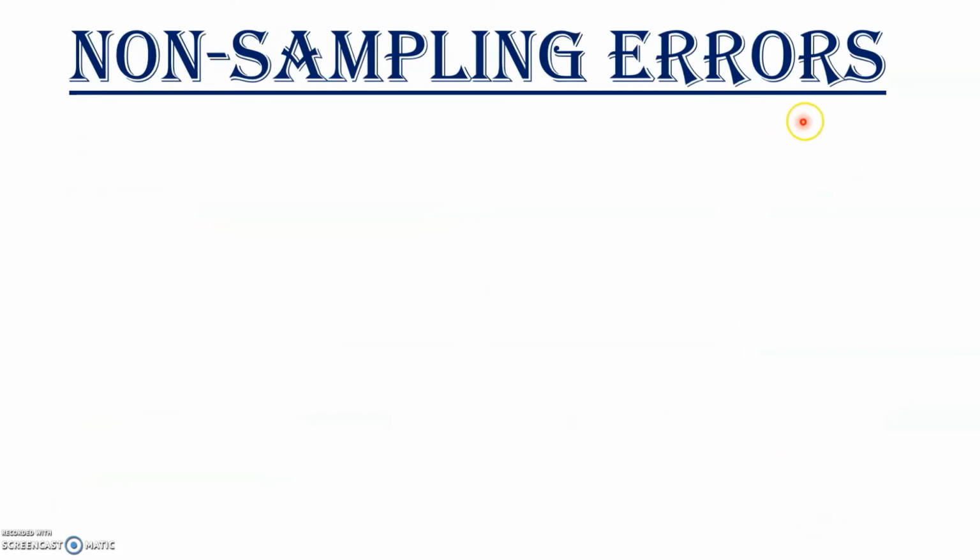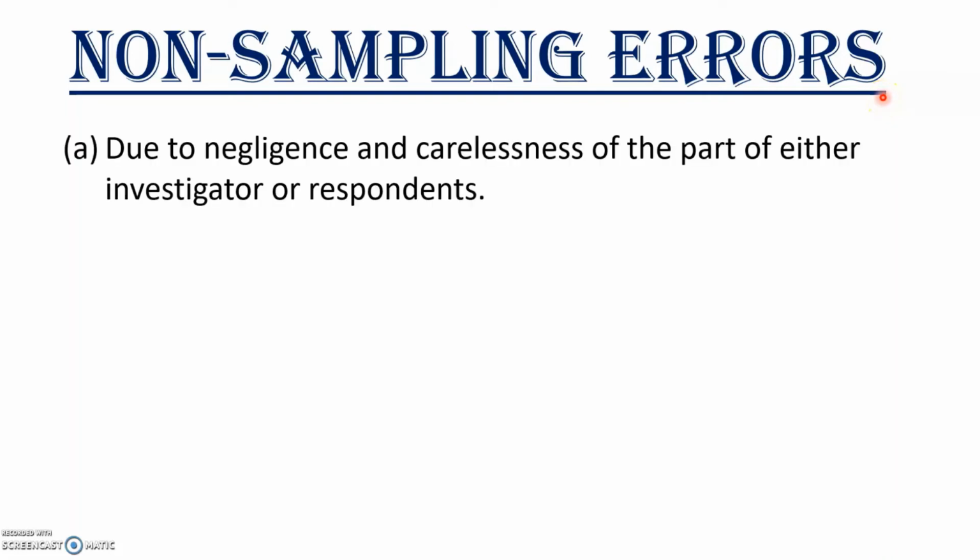Next, non-sampling errors. Errors can take place at any point of time, not only during the sampling procedure. It can also be after the sampling. So when can that happen? The first is due to negligence and carelessness on the part of either the investigator or the respondent. Carelessness or negligence can come from the one who's investigating or collecting the information from the sample, or from the one who is responding.